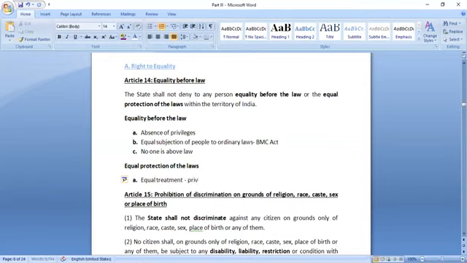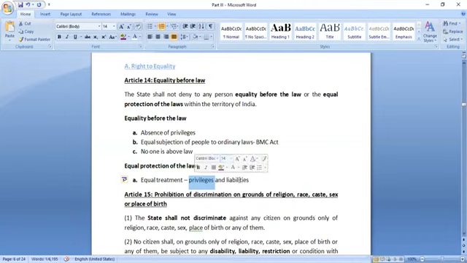Equal treatment both for privileges and liabilities. Now, what does equal treatment mean? For example, there are certain special privileges given, right? An offense committed by a child under 7 years is not considered an offense. That privilege has to be given to any other child under the age of 7 years. It cannot be that one person is given it and another is not.